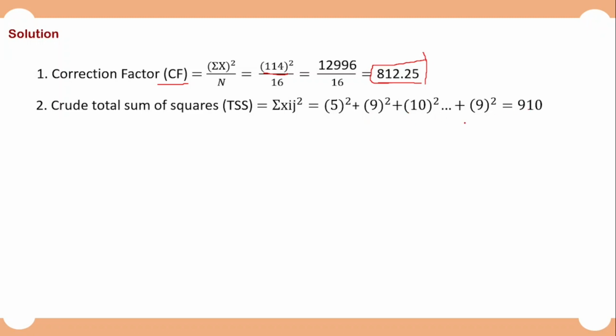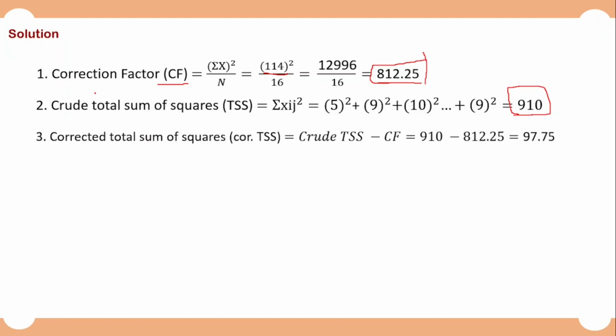That would be the crude total sum of squares, which is equal to 910. Okay, so now we have calculated the correction factor and the crude total sum of squares.